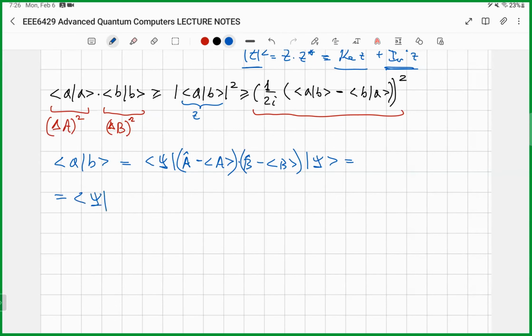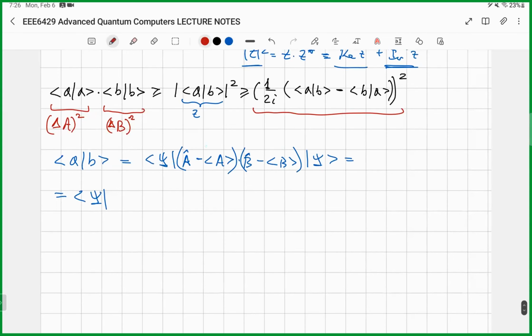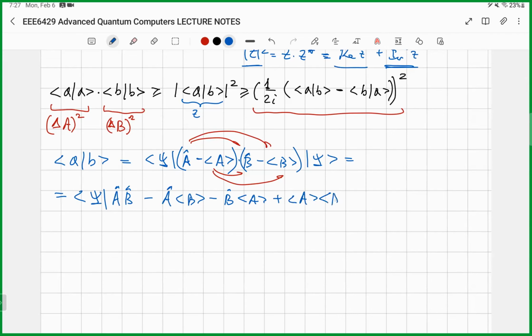This psi here, then operator A times B, then minus A operator expectation B, then minus B operator expectation A, and plus the product of two expectations. All this in brackets and psi.